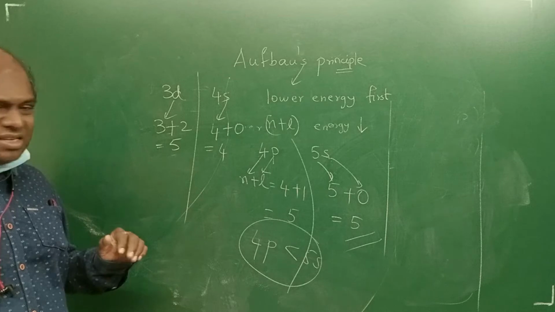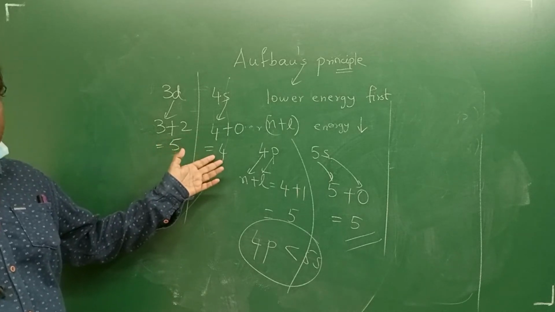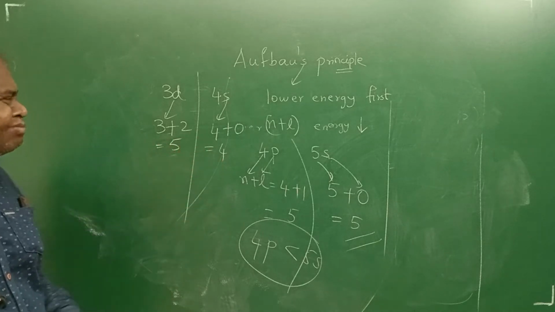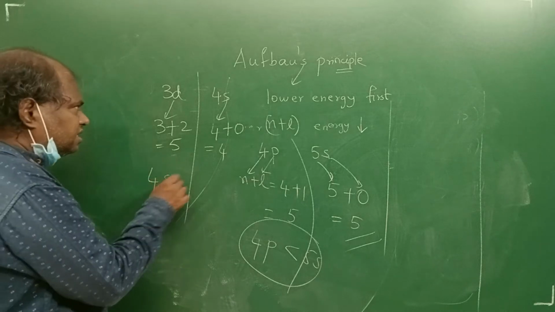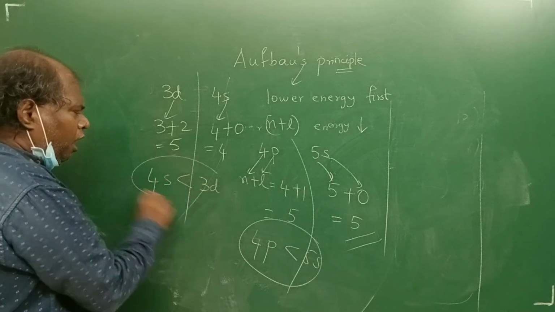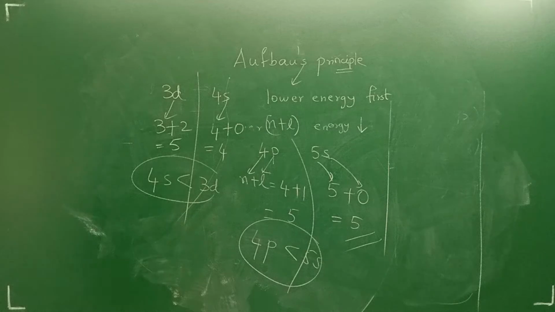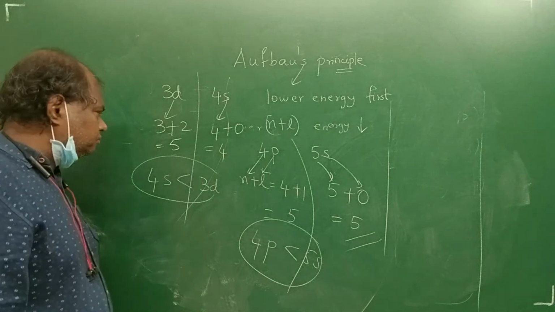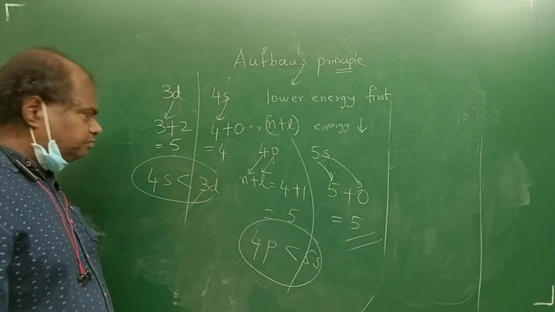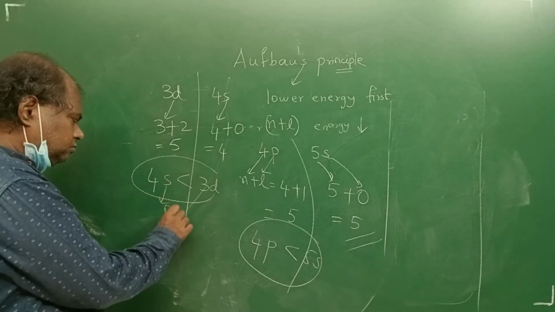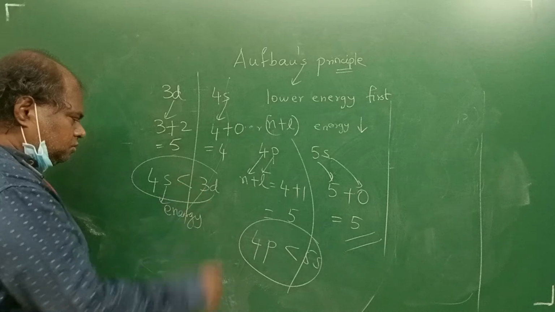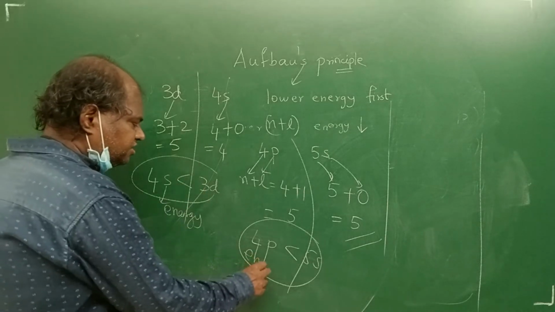Now here it is very easy. Obviously, n plus L is less for 4s, so 4s has got less energy compared to 3d. 4s energy will be very low. This is how you decide the energy.